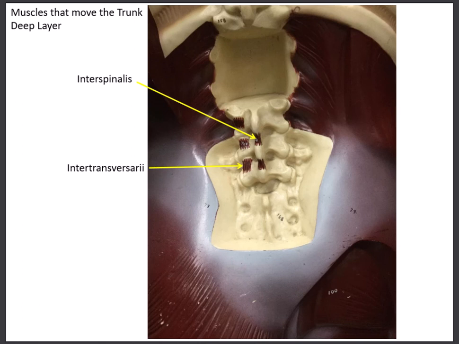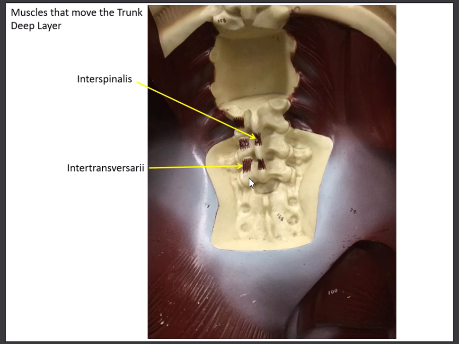So we will see that pretty much at every segment for the most part. They're not that well developed in the thoracic spine, but they do run up all the way between the spinous processes. When these muscles contract, they're going to bring the spinuses together. This means that they will contribute to extension, right? They're going to bring the trunk backwards.